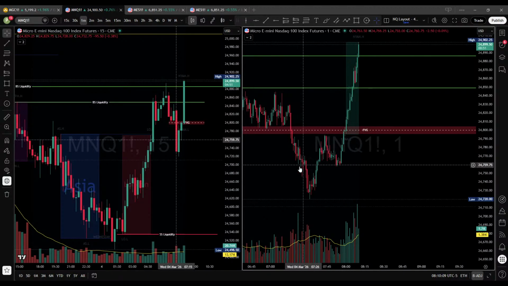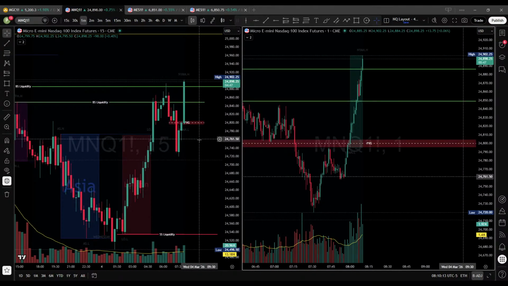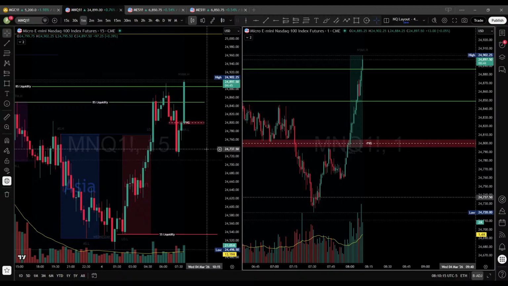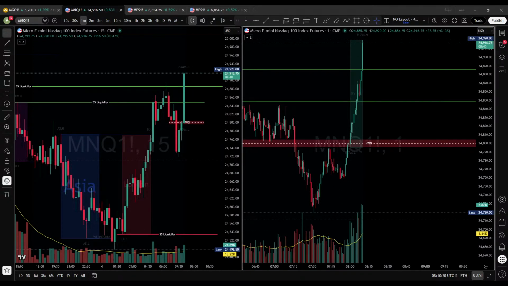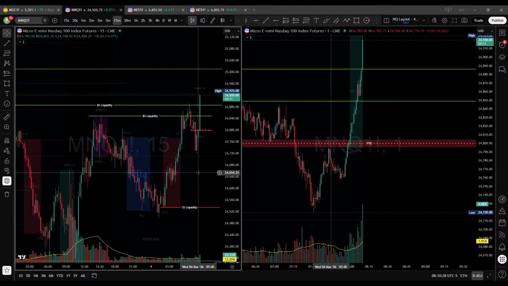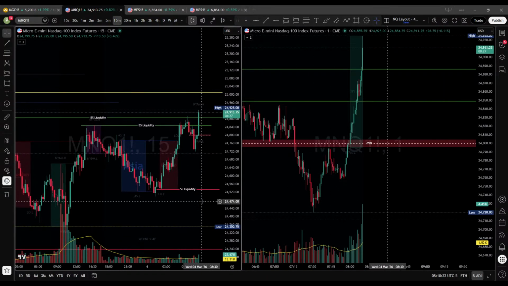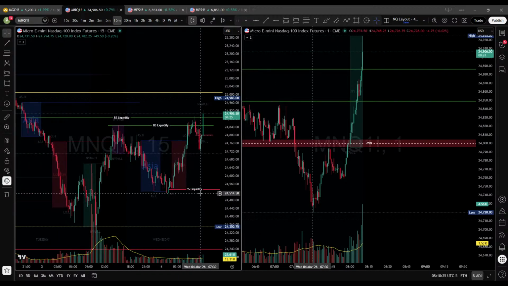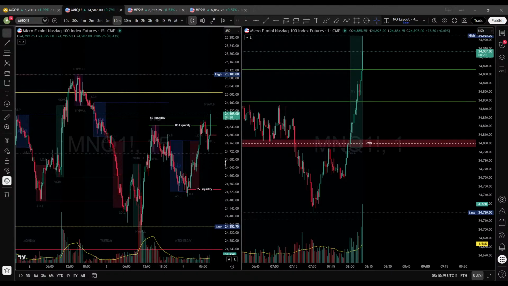There is no bearish inversion fair value gap. The price is continuously moving straight up high. Yeah, I think the higher side draw on liquidity as this low was taken is this 25,100.